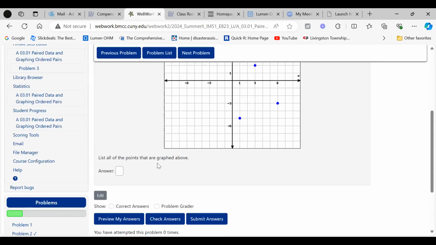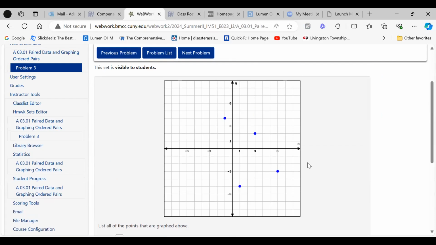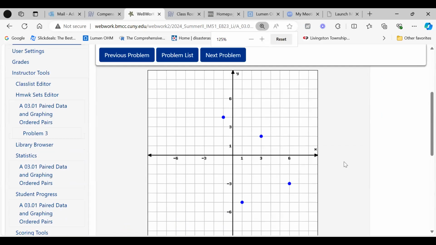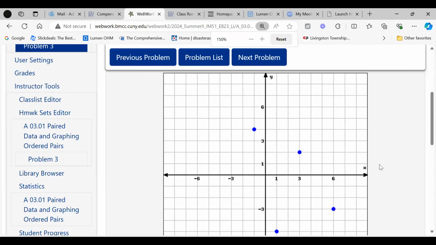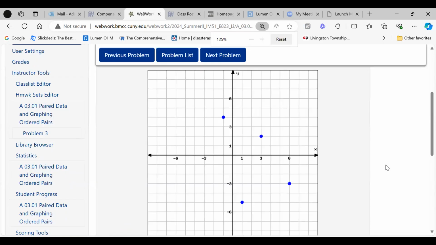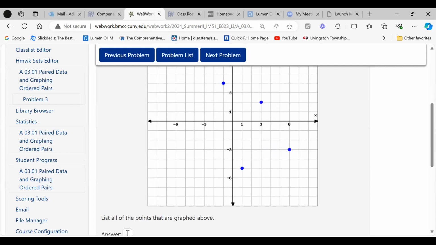These are the points that go off here. Let's just expand it a little bit so you see better. Anybody want to answer this? Start with the highest point, second highest, third highest, and the lowest. -1, 4.